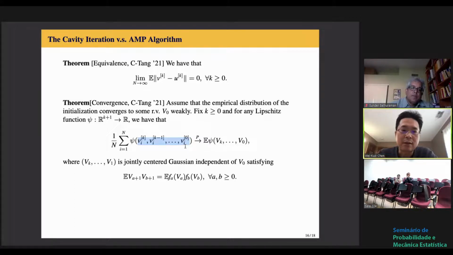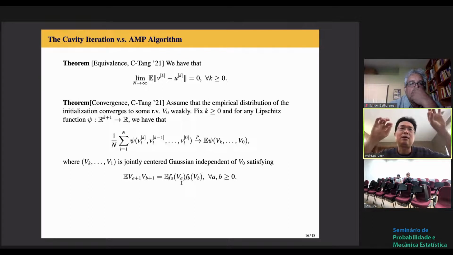Then you send n to infinity, and this will converge to a sequence of random variables v0 to vk, and these are jointly centered Gaussian, and their covariance is given by a regular pattern. It's actually quite cute. The covariance is sort of simple. You can define your correlation iteratively from the very upper left corner, and then go up until you match the whole entire matrix by this equation.